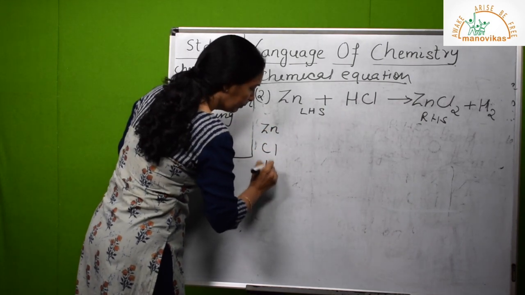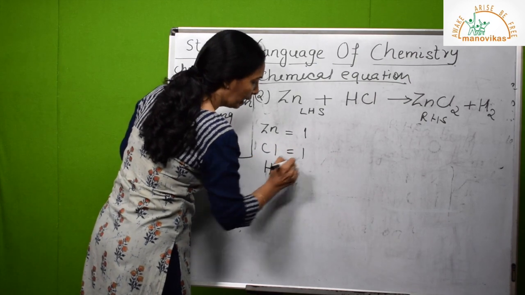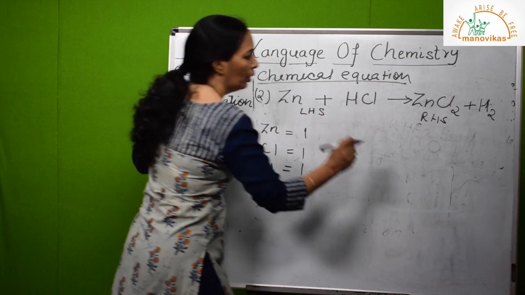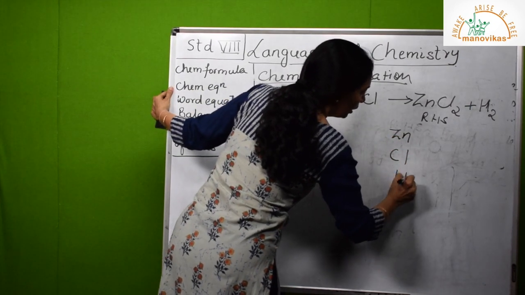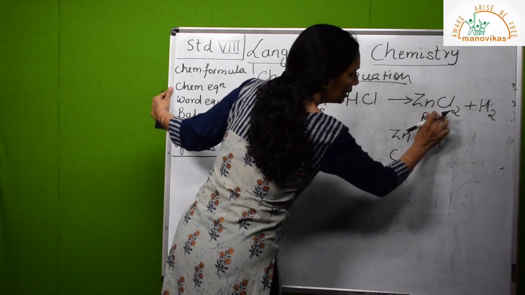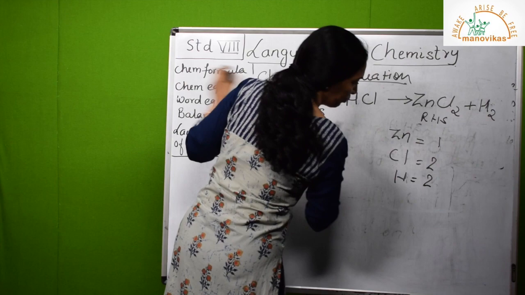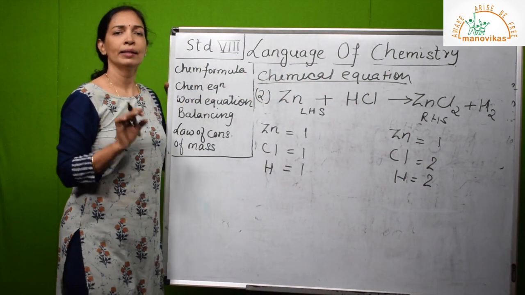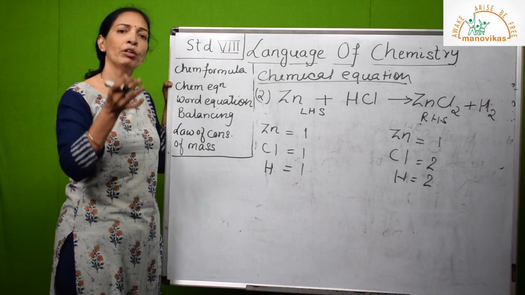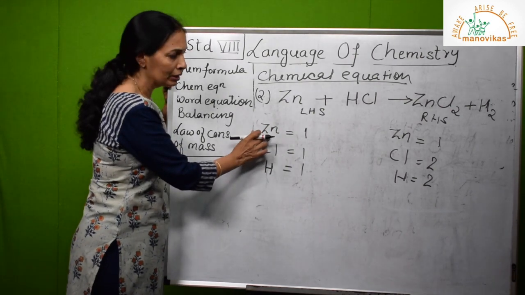First write down Zn, only 1, Cl, 1, H, 1. On the right hand side, same sequence you write, Zn, 1, Cl, 2, hydrogen also 2. So now you check. Always we start balancing with metal, then we go to non-metal. So the first preference is given to metal. Now zinc is a metal.